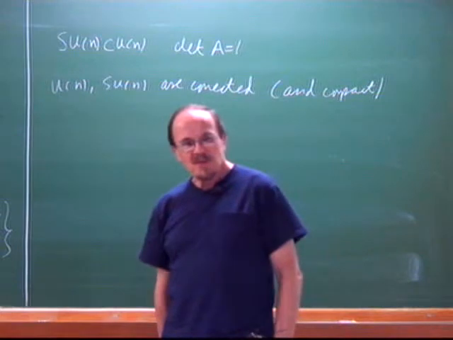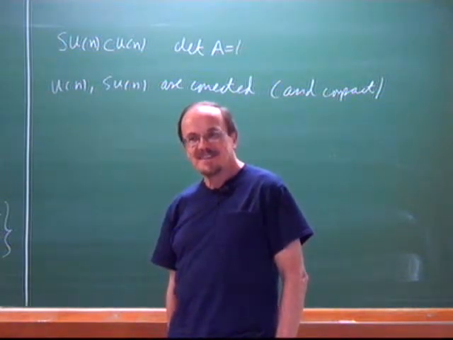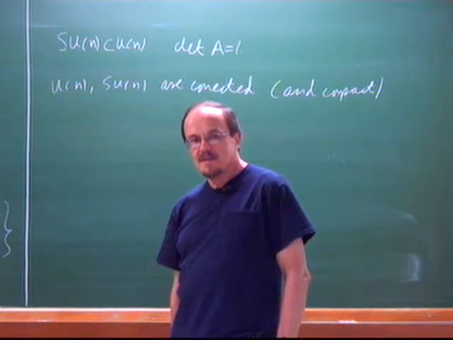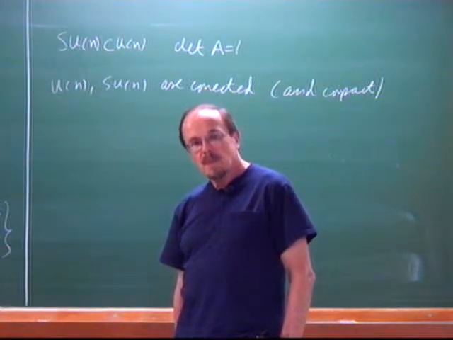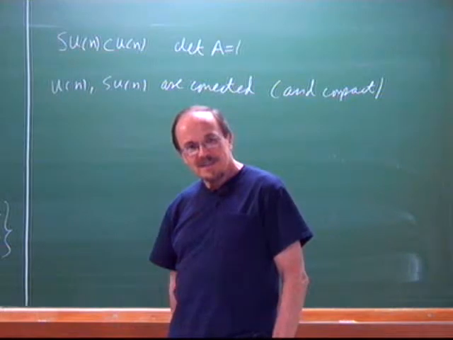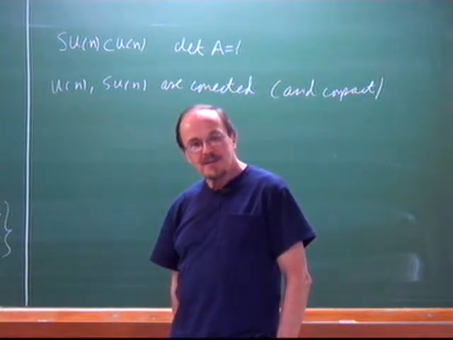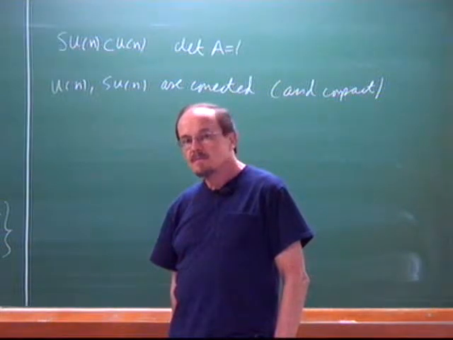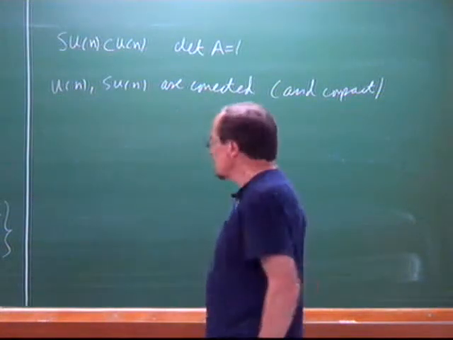What's the normal form of a matrix that's unitary? It's even simpler to write down. You have the complex numbers and the diagonal rotations e to the i theta.